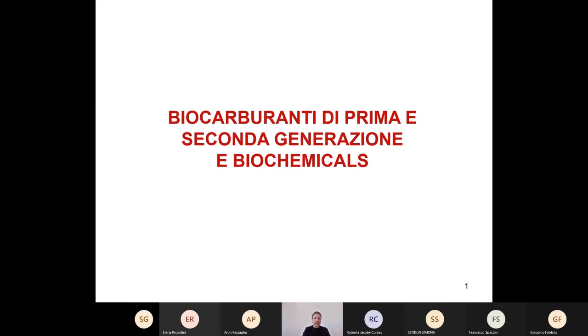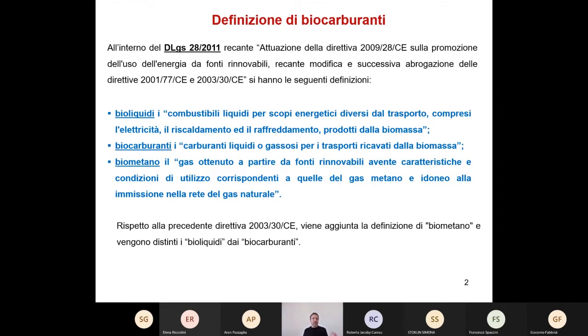Okay, just to repeat three definitions we will use today in our pathways analysis. We consider bioliquids the liquid biofuels used for energy purposes. Energy means thermal energy, electricity, but not energy products for transport.